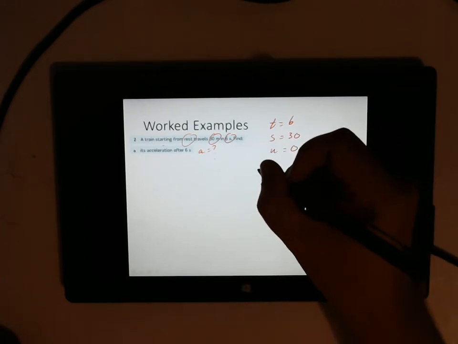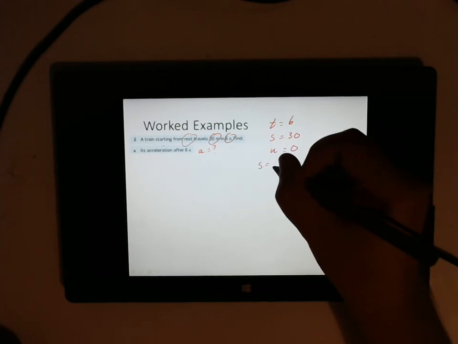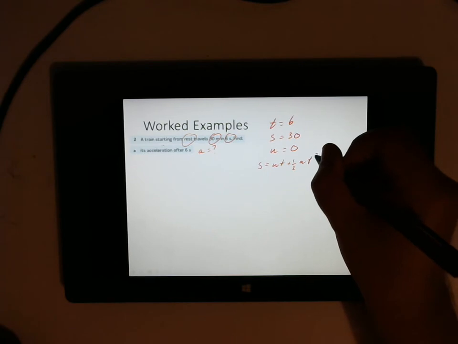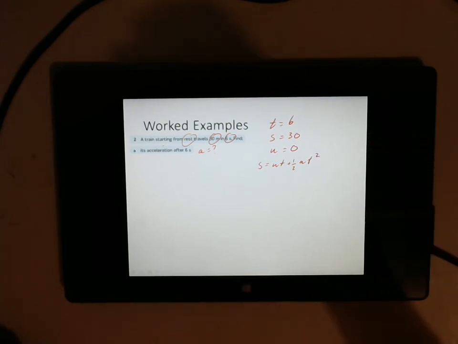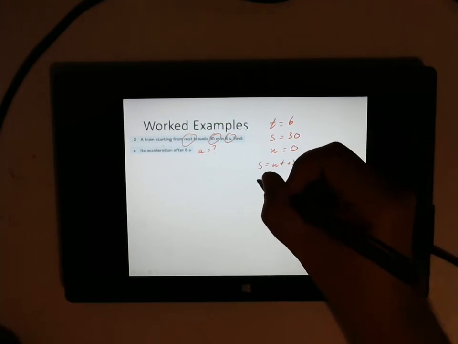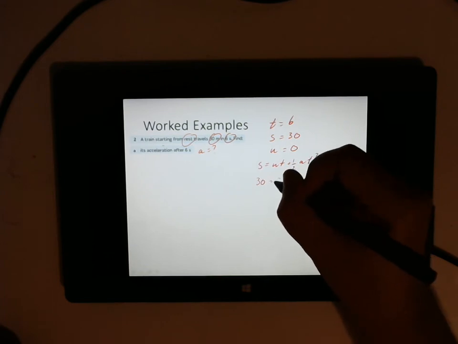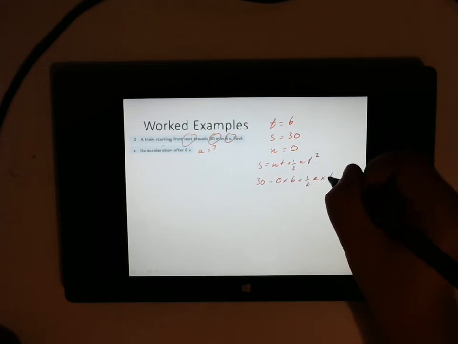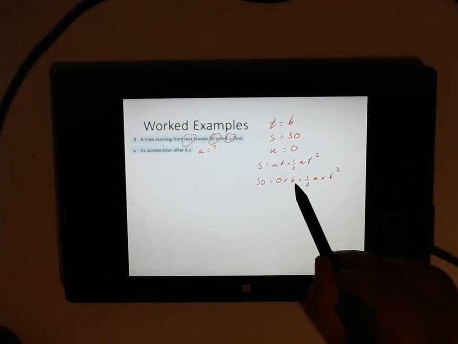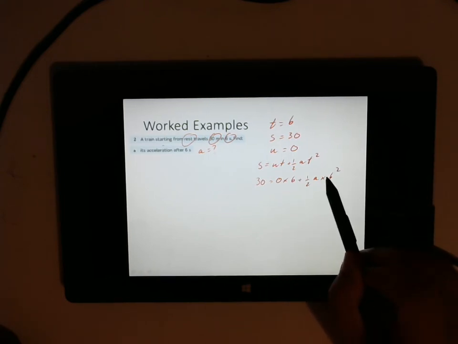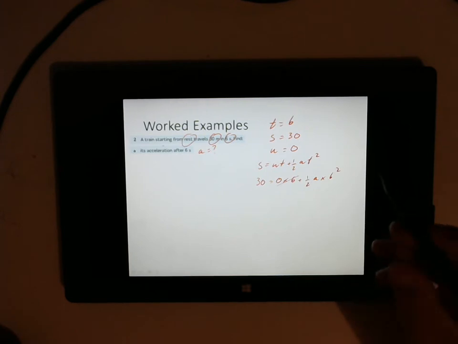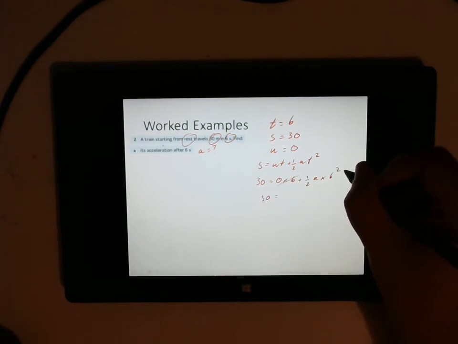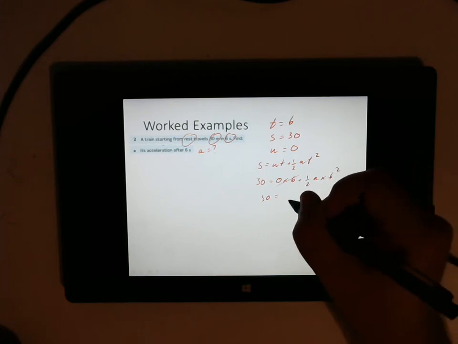Okay, so the formula we should use here is s equals ut plus a half at squared. Let's make some substitutions. s is equal to 30. 0 times 6 plus a half a times 6 squared. Well, 0 times 6 is 0. 0 plus something is just going to be the something, so that will cancel away. 30 equals, let's see, 6 squared is 36, and half of 36 is 18.